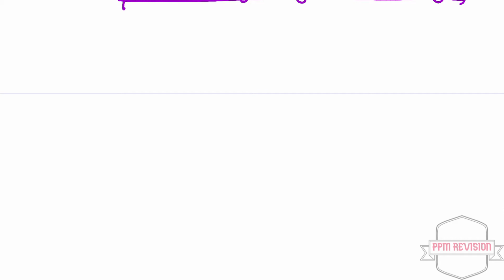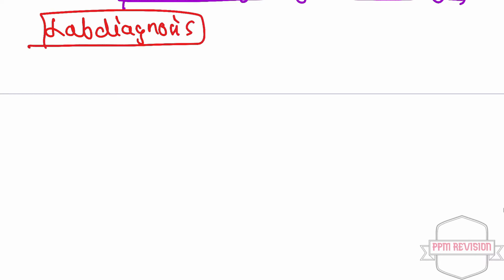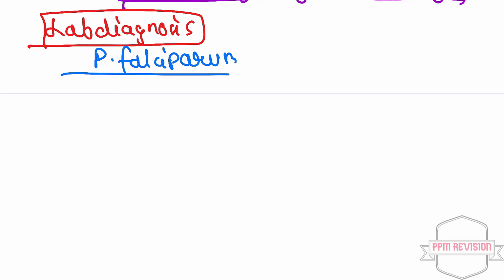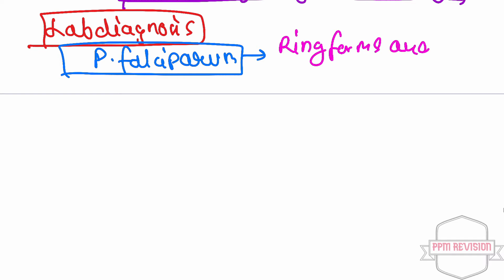In case of lab diagnosis, just write it down, Plasmodium species such as falciparum, what we notice is there are ring forms and gametocytes are seen.